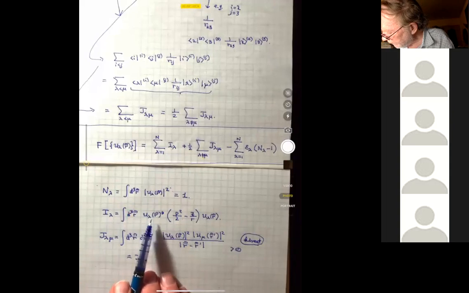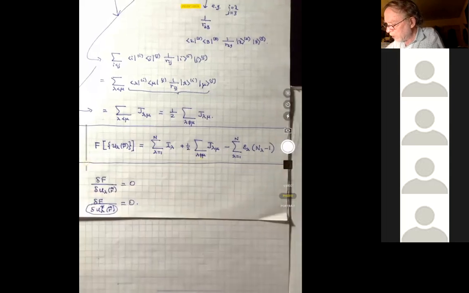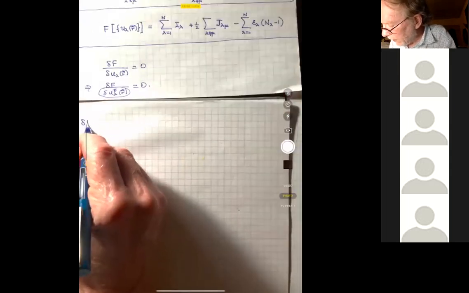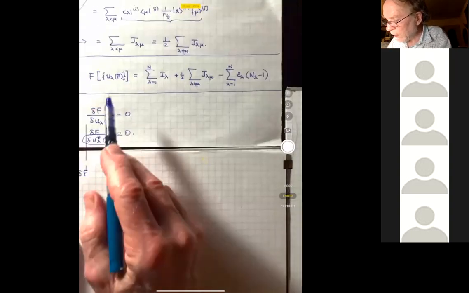As far as the J integral is concerned, the u lambda star occurs not only in this part where I have u lambda squared, but also the u mu squared. So there are going to be two terms that emerge. If I write this out, I'll vary F, getting the variation in F due to variations in u lambda star.